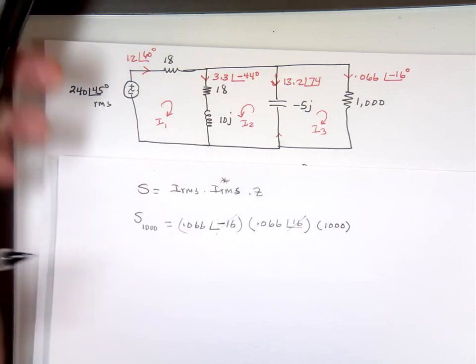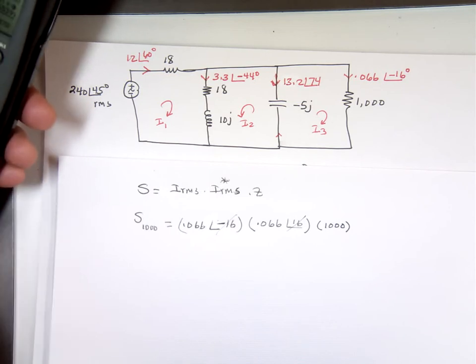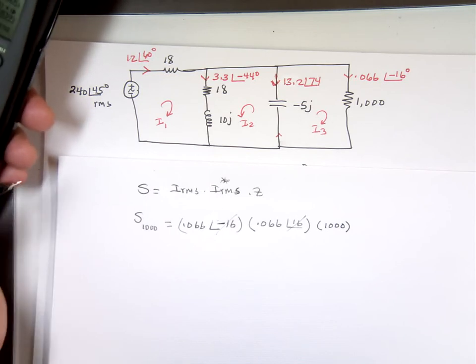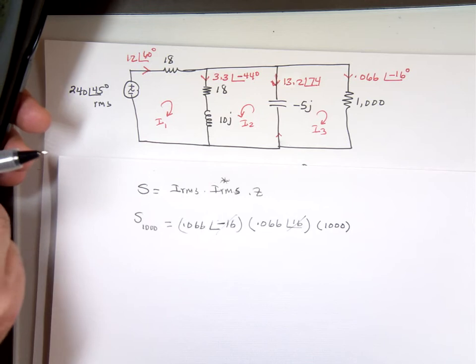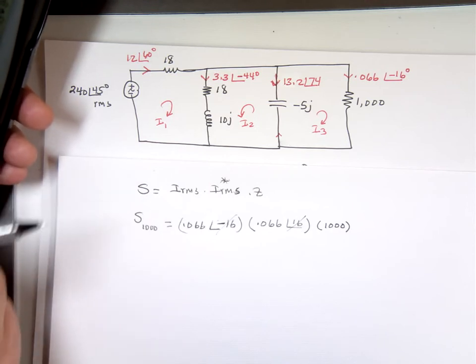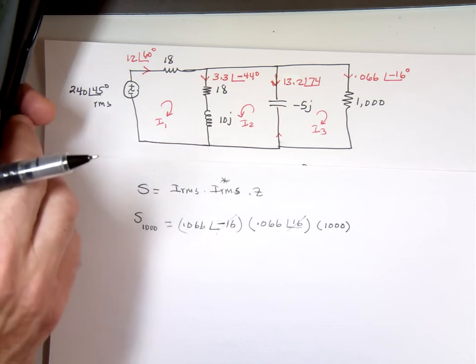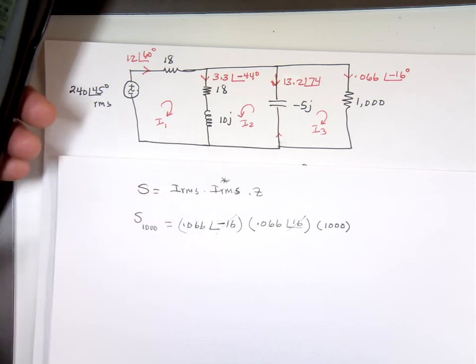If you put them in, you go 0.066 angle negative 16, I wrote it wrong. I told you not to trust me. 0.066, not 006. 0.066 angle negative 16 times 0.066 angle what?